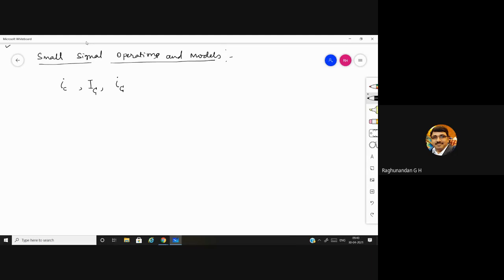See, if both the letter I and the suffix C are capital, then it indicates DC current. If both the I and the suffix are small, then it indicates AC current.